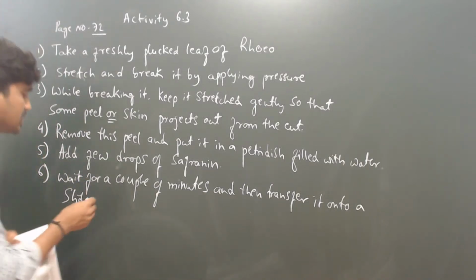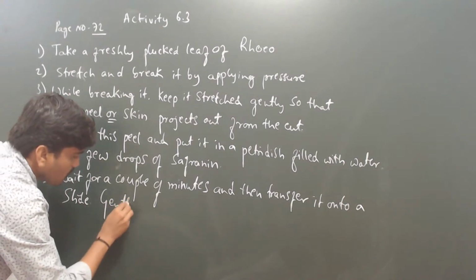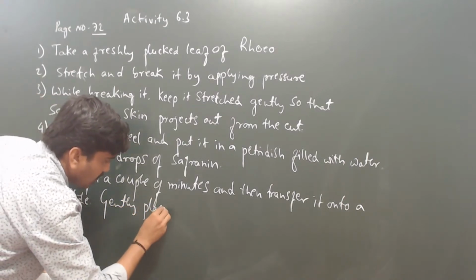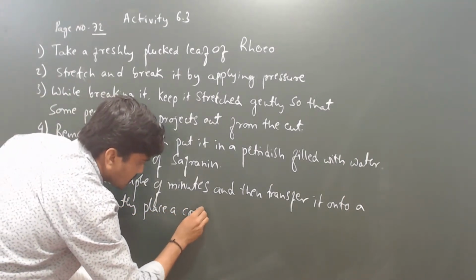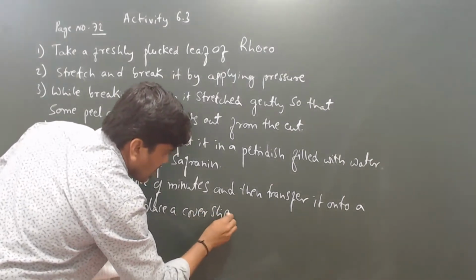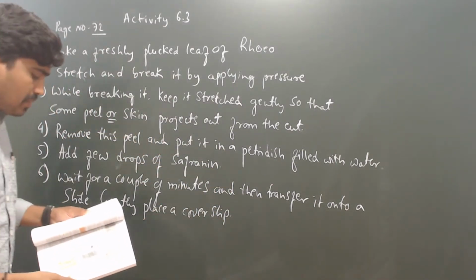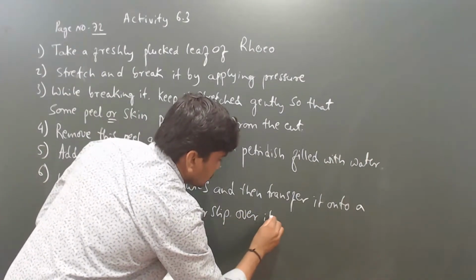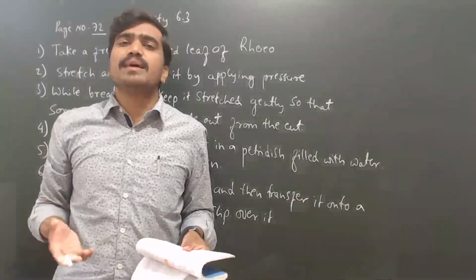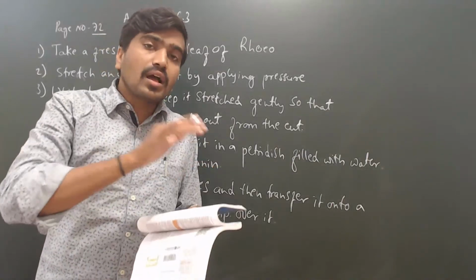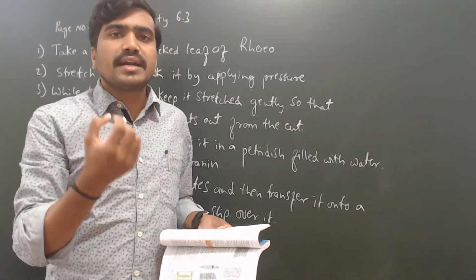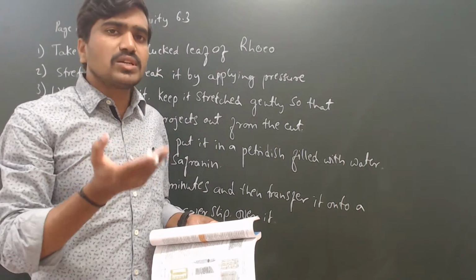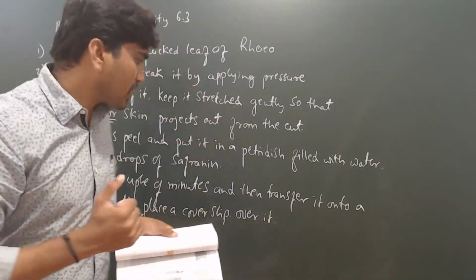Then after that, gently place a cover slip over it. Means by using the cover slip, as the name says, it covers the specimen, that covers the cells, whichever is on the glass slide. Okay.